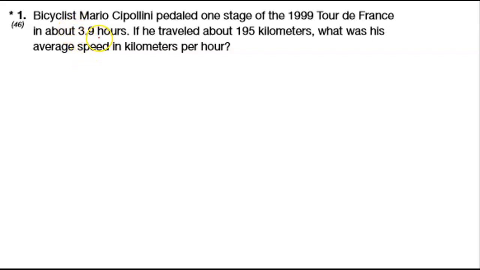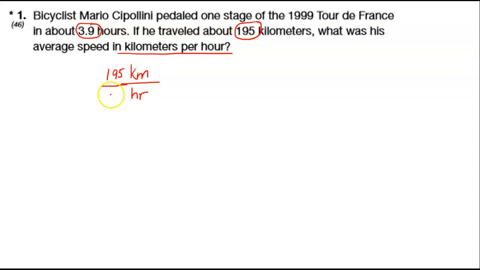It says bicyclist Mario Cipollini pedaled one stage of the 1999 Tour de France in 3.9 hours. If he traveled about 195 kilometers, what was his average speed in kilometers per hour? So what do we want to know? Kilometers per hour. How many kilometers? 195.